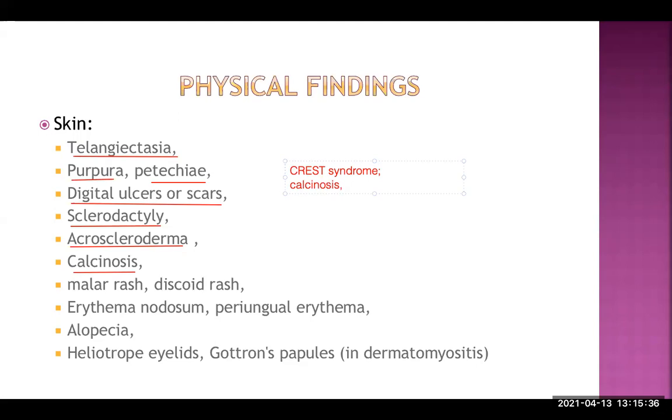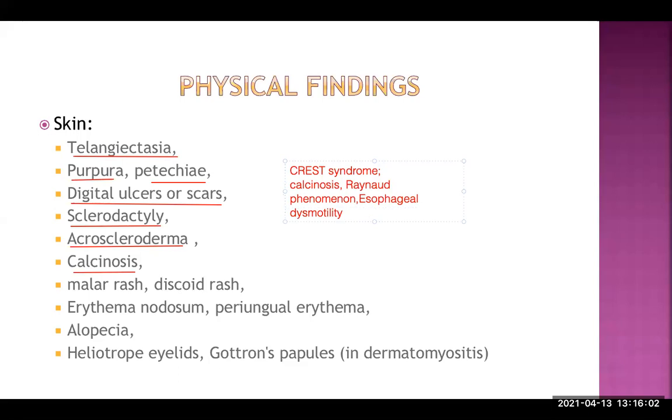R stands for Raynaud phenomenon, which you have just studied. E stands for esophageal dysmotility, because of the deposition of those different types of substances.